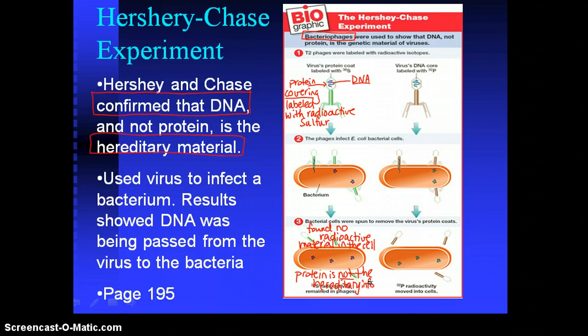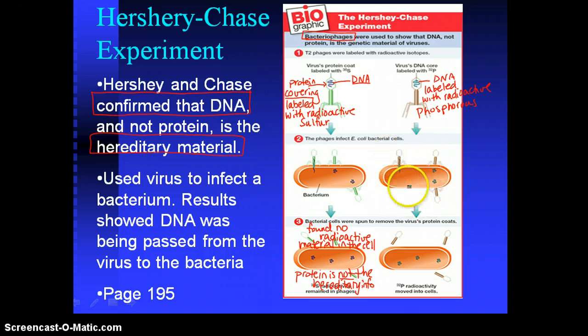So their second part of the experiment was to take the DNA and label it with radioactive phosphorus. In this experiment, they did the same setup.